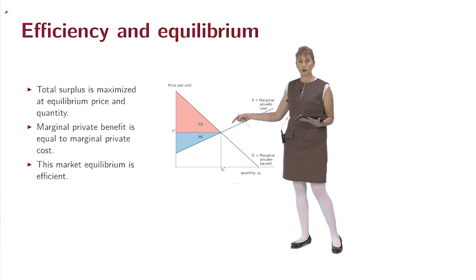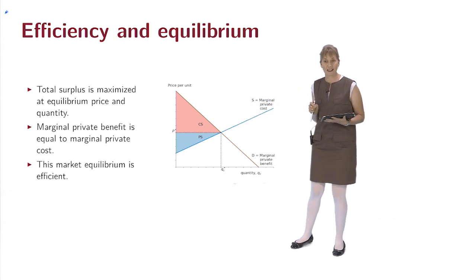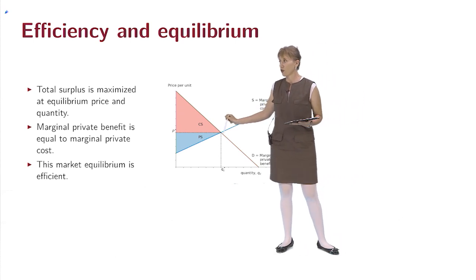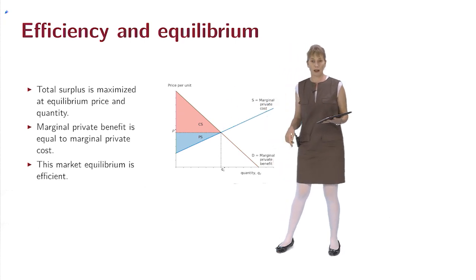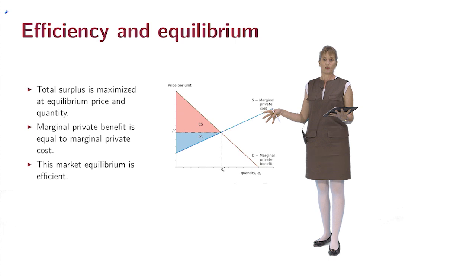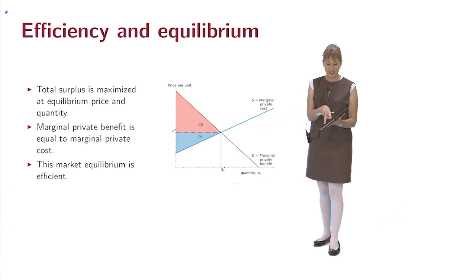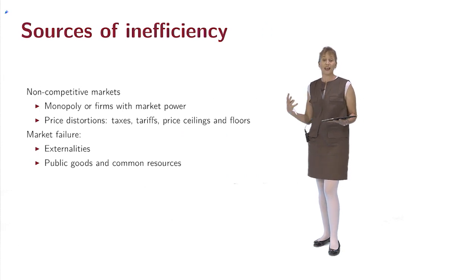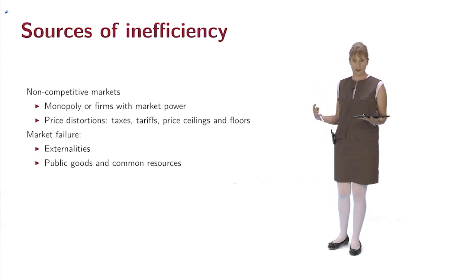So total surplus is maximized at equilibrium price and quantity. At this value here, marginal benefit is equal to marginal cost. Market equilibrium is efficient. And often that's the case. So when do we see inefficiencies?